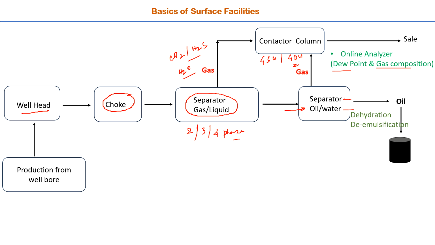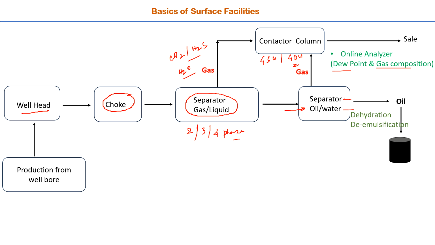We have to remove the water particles present in the oil, and sometimes some associated water is present in the oil, so we have to treat the oil with a demulsifier before storing it in a storage tank. From the storage tank it is transferred to the customer via a pipeline or a tanker, right?